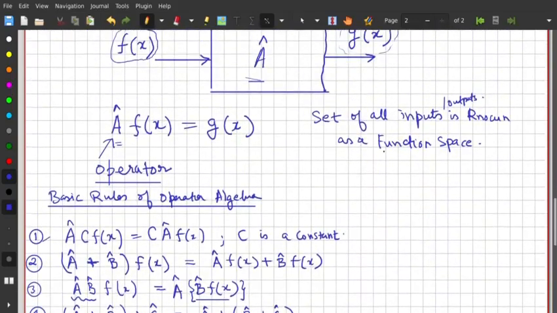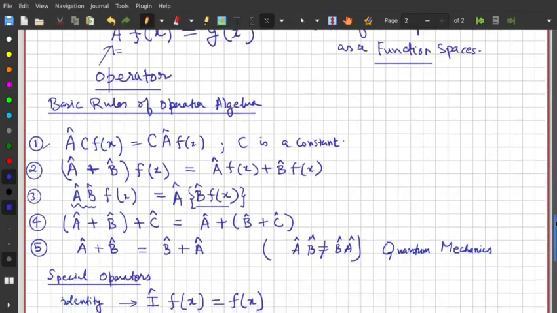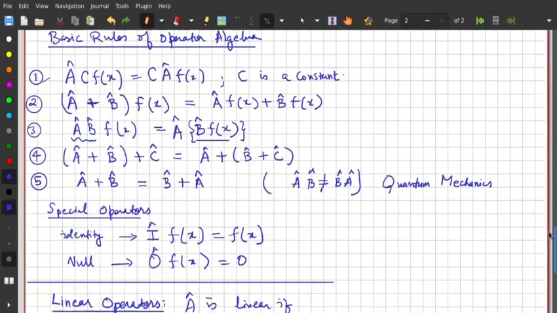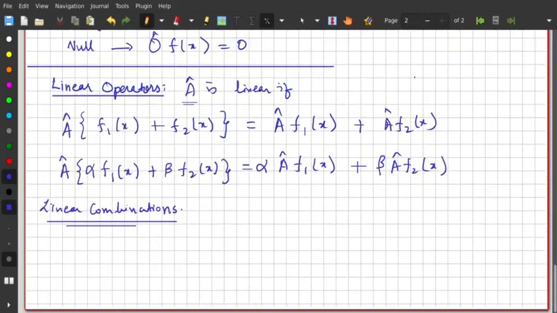We got an understanding of what function spaces are. We saw some basic rules of operator algebra, and we understood what we mean by linear operators. We will be covering the remaining things in the next lecture. Thank you.